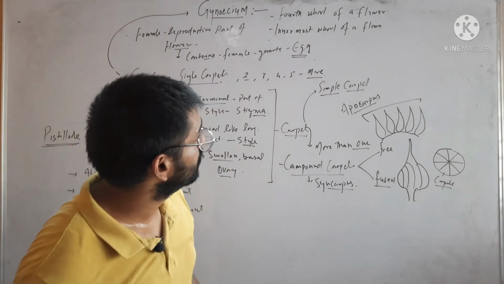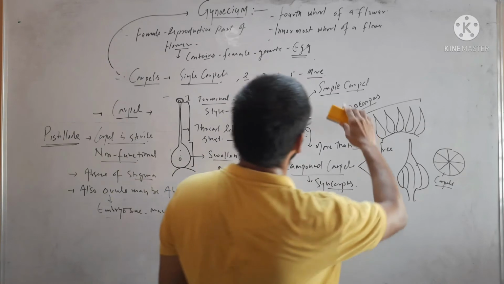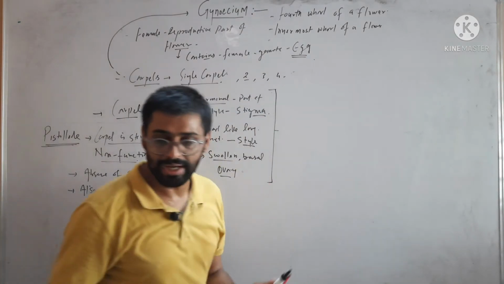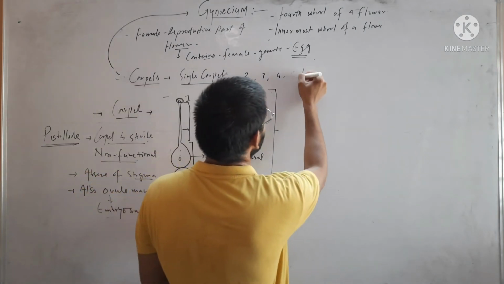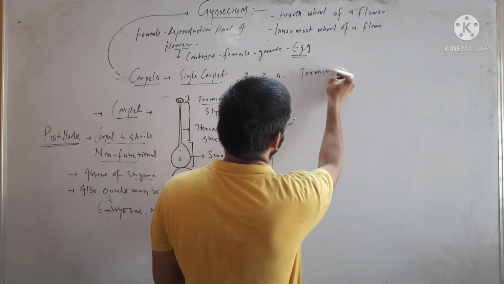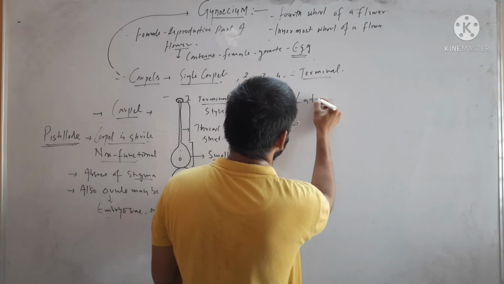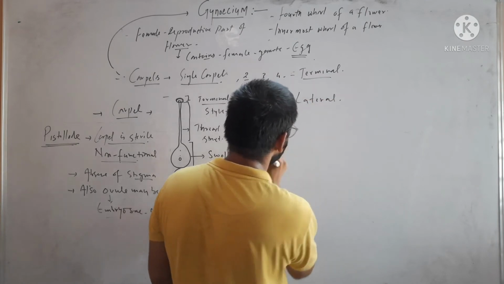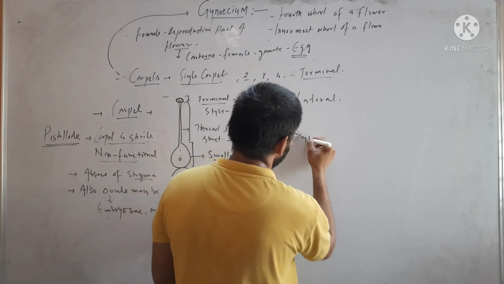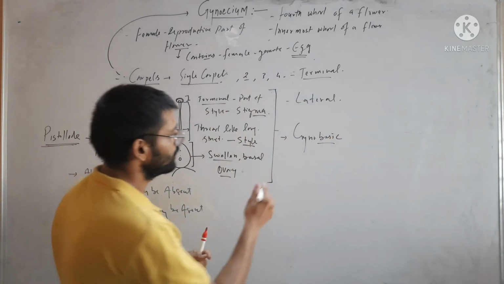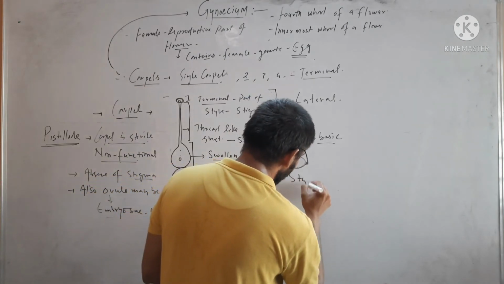Another set of terms on the basis of position of styles are terminal, lateral, gynobasic. There are four, not three: gynobasic and stylopodium.